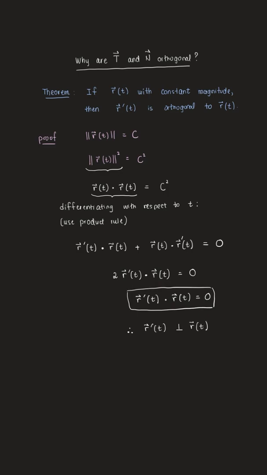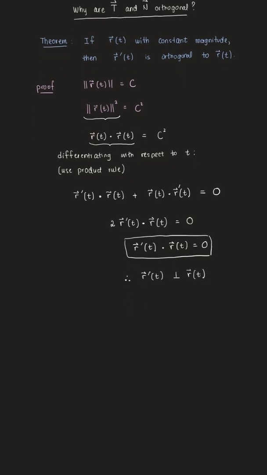So if we have a vector function that has constant magnitude, when we find its derivative, it will be perpendicular to our vector function. Now, what does that mean for T and N? Recall that T is the unit tangent vector.